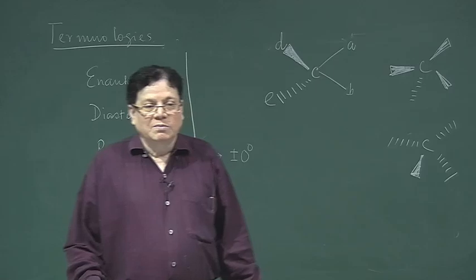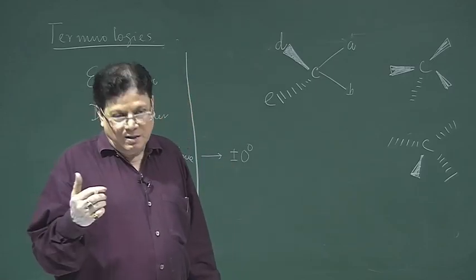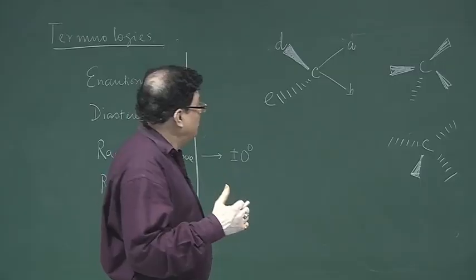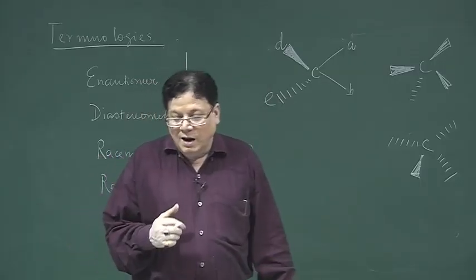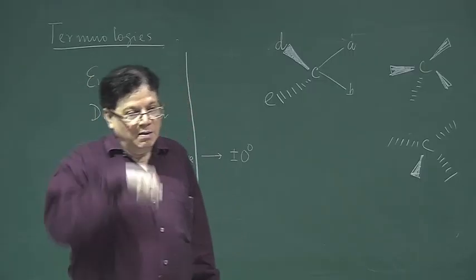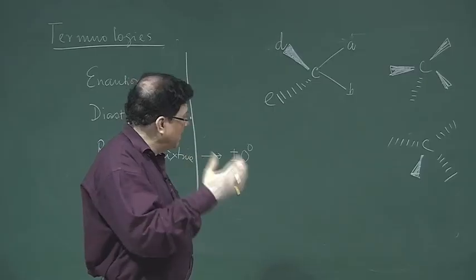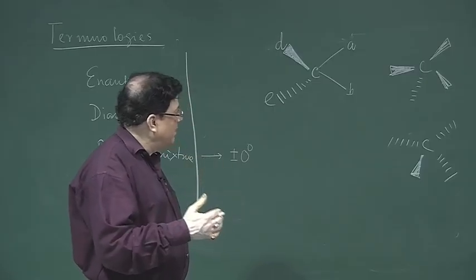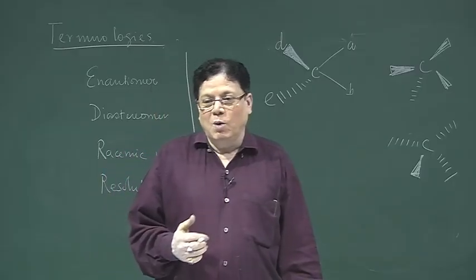However, they are a little bit hard to visualize, because you have this alpha beta concept here. Now, there are other kinds of perspective formula which are more useful in stereochemical representation of molecules, and they are called projection formula. What is projection formula?